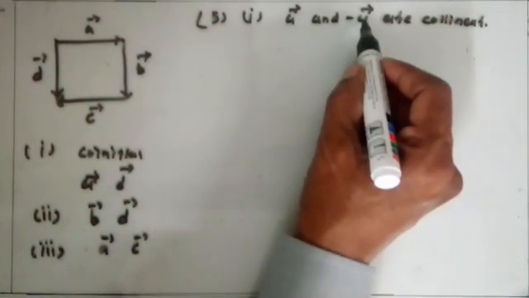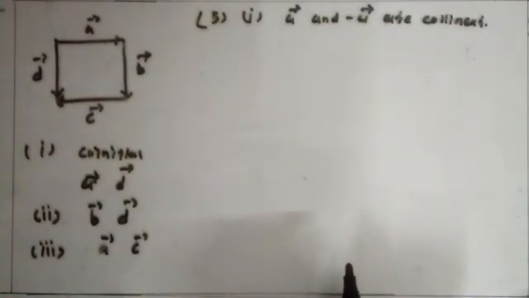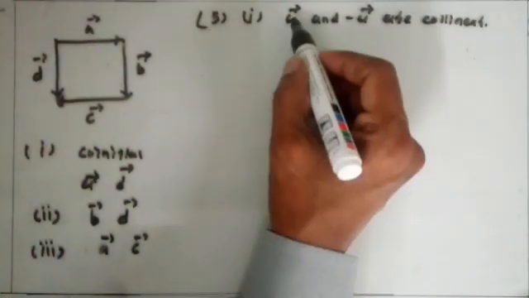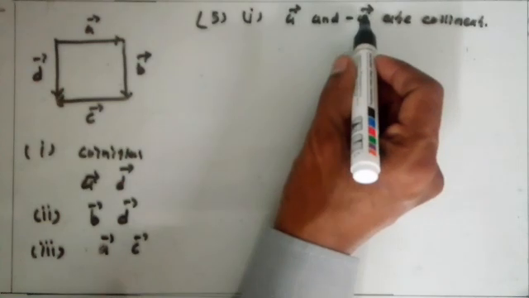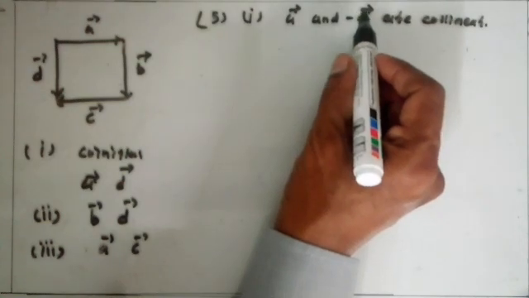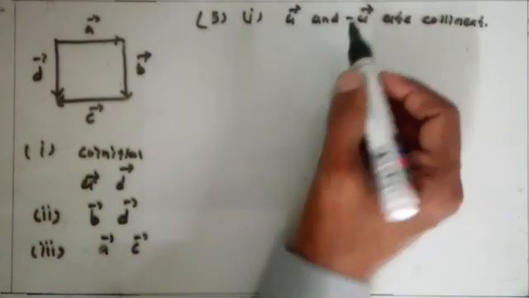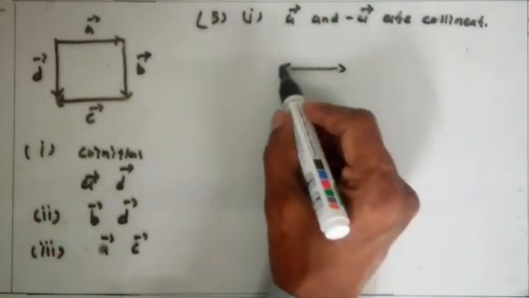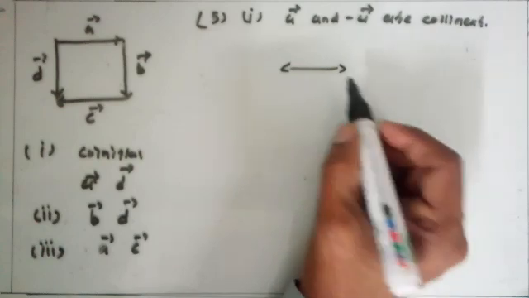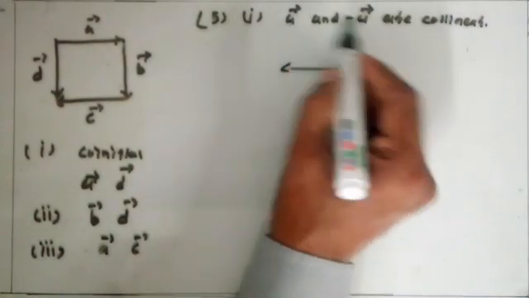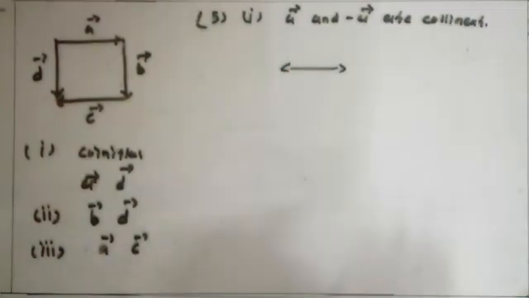Here vectors A and minus A have opposite direction, but both are parallel to the same line. Clear? So A and minus A are collinear vectors.